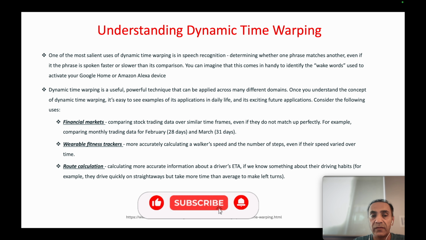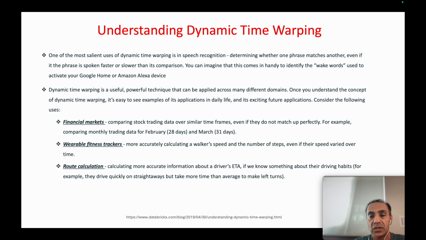For example, they drive quickly on straightaways, but they take more time than average to make left turns. So for these use cases, dynamic time warping is applied, and the algorithm is very useful to calculate the things that we want to compare or calculate for each of these use cases.